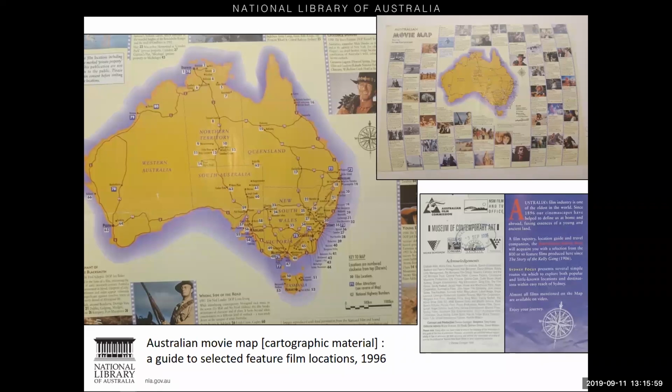They've included 20 film locations and around 70 other attractions and landmarks relating to individual Australian films, the film industry, and movie locations. Overall, it serves as a film tapestry, location guide, and travel companion. This particular map is not yet digitized, so I've just included a few photographs for the session today.